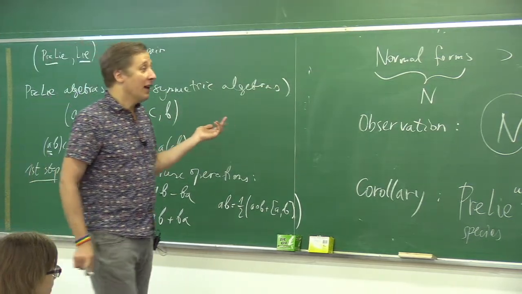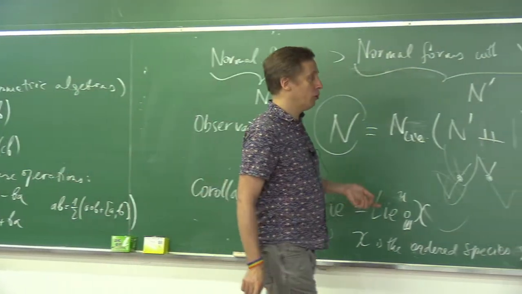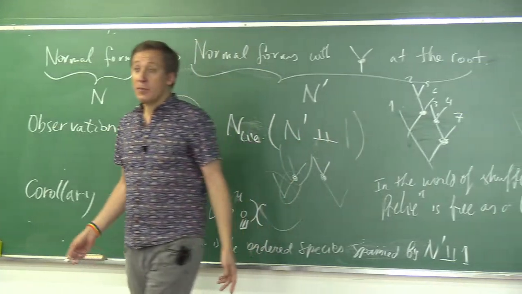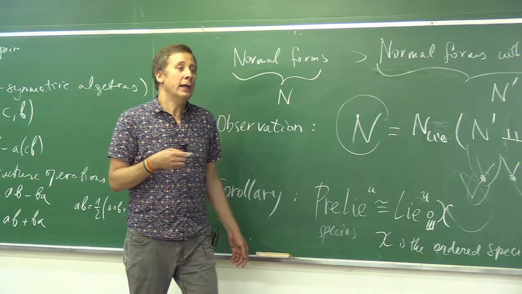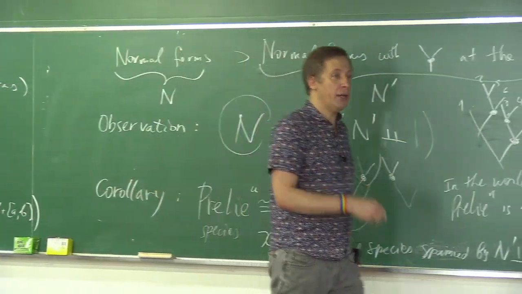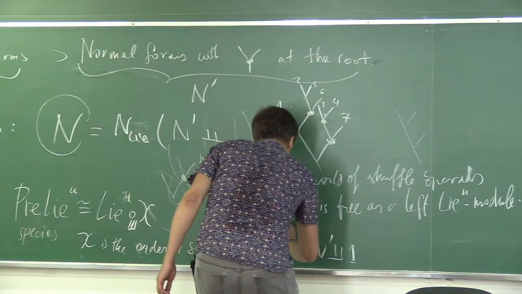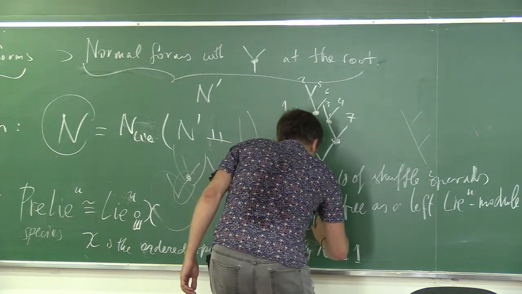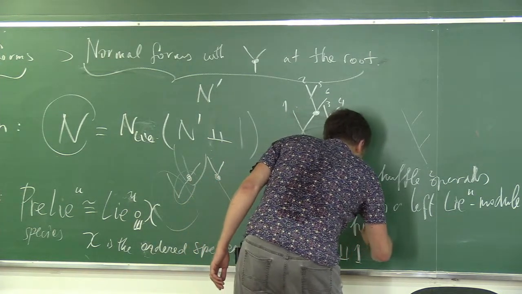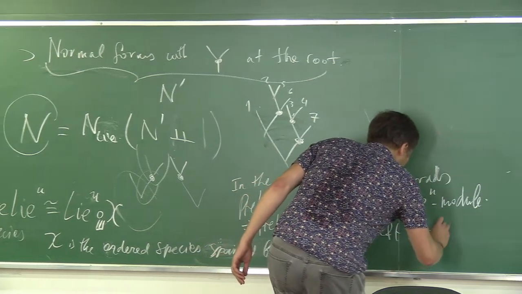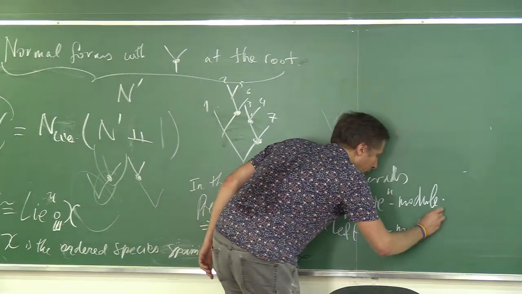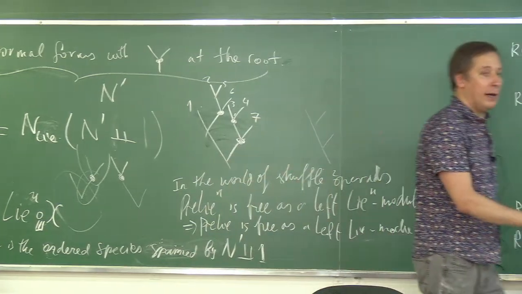But first of all, as I told you, freeness of a module is something that you can check in the universe of shuffle operads. So this implies that pre-Lie is free as a left Lie module. So we can go back to the world of operads.